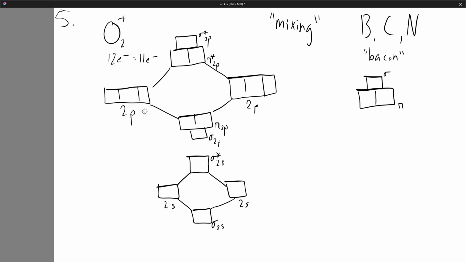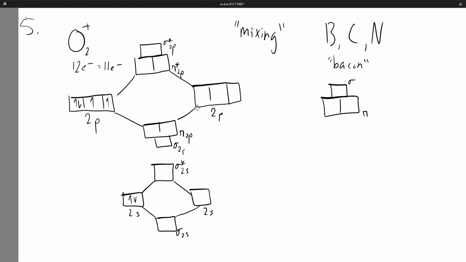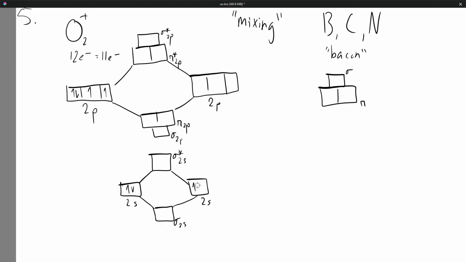Doesn't really matter which side it is, just pick one. We start off by filling up the bottom ones first. So it's 1, 2, 3, 4, 5, 6 electrons, 7, 8, 9, 10, 11. See, 11 electrons spread out between these two sides right here.